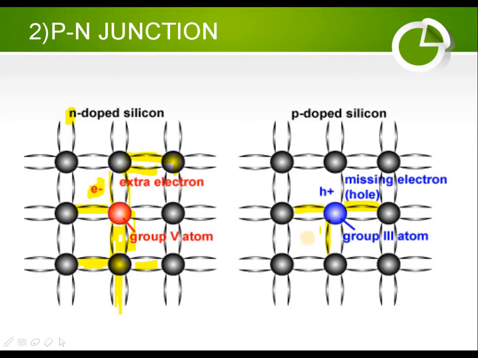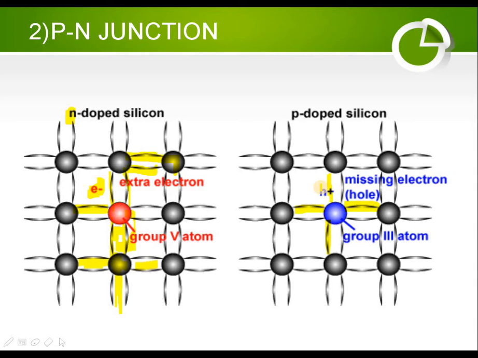This is basically boron, the blue atom, while here it has none. You can see that it's empty. This makes a missing electron, and we can say that this is a hole.